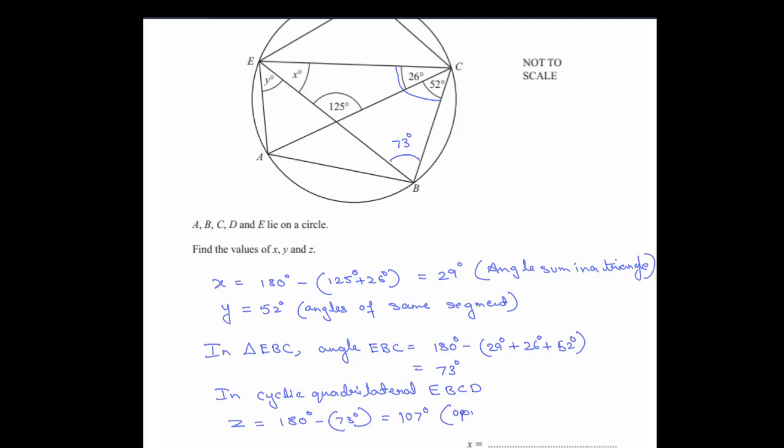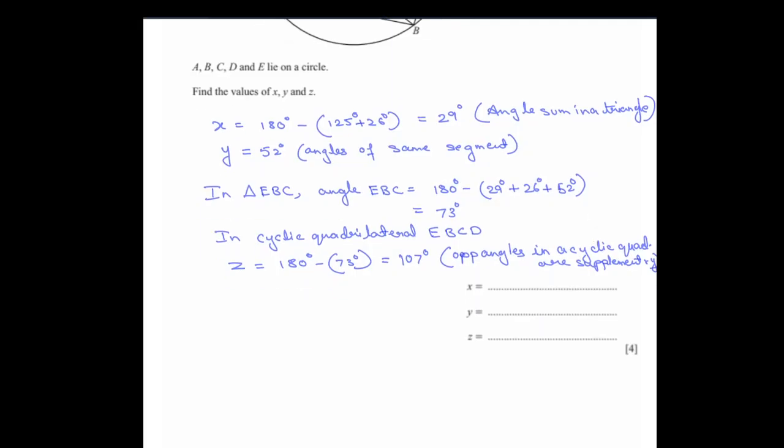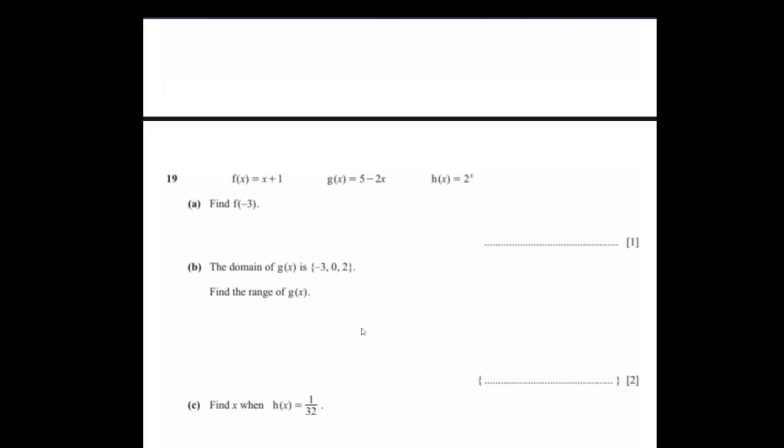Opposite angles in a cyclic quadrilateral are supplementary. So write down all the values of x, y and z. X we got 29, y we got 52 and z we got 107. This is the answer for question number 18.